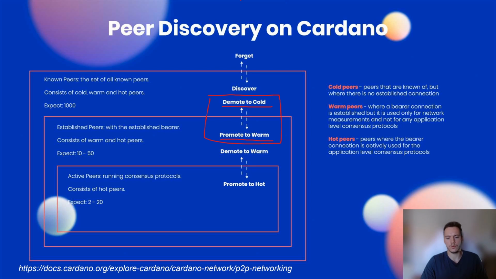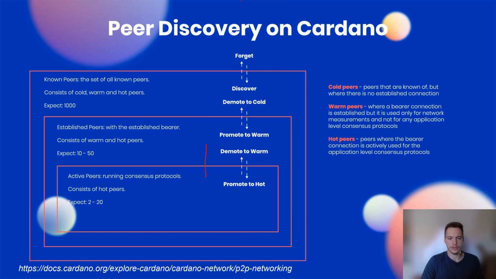The way it works is that about once per hour, the node is going to take 20% of randomly selected warm peers and simply demote them to cold peers, and it's also going to take randomly selected cold peers to promote to warm peers to replace those that have just been demoted. So that's the way the established peers group is constantly being refreshed with different peers.